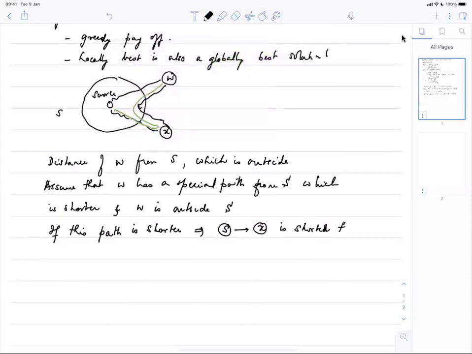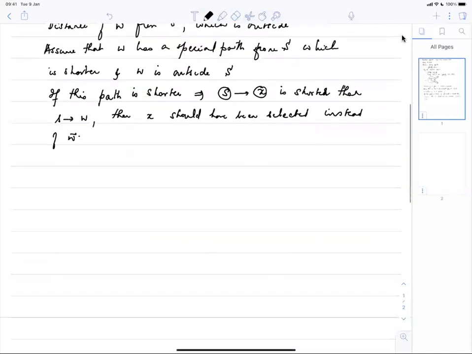Because it's going by X, then X should have been selected instead of W. Okay.